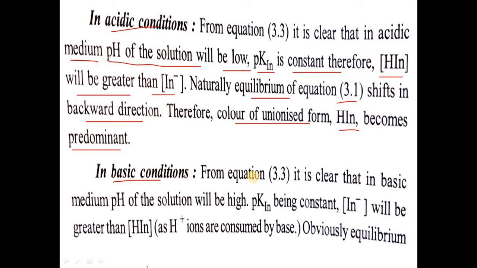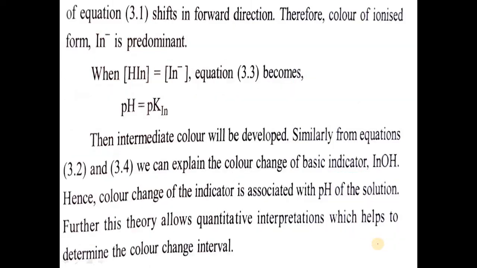But in basic condition, from equation 3.3 it is clear that in basic medium the pH of the solution will be high, so with pKIN being constant, here IN⁻ will be greater than HIN, and obviously the equilibrium shifts towards the right side, in the forward direction.